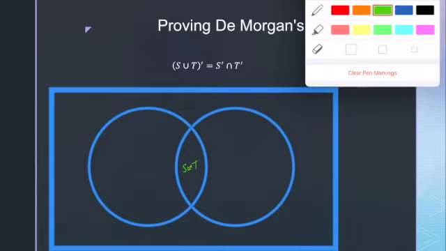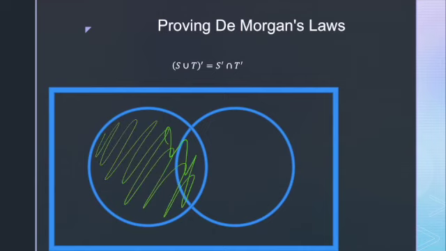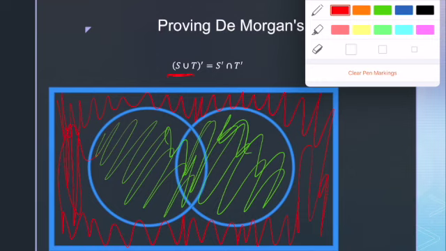Sorry, that's S intersection T. If I have S union T, that's going to be all of S and all of T. So if I take the complement in red right here, that's going to be all of this. Everything that's not in S union T. That's going to be the same as the complement of S intersected with the complement of T. Let me show you why.